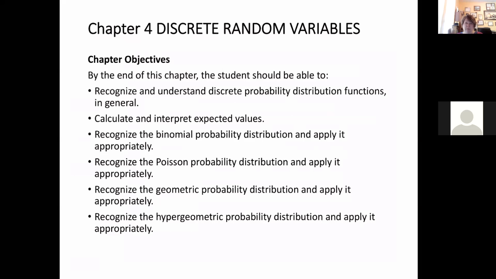Then we'll move on to continuous probability distributions, which means now we're going to look at data that's continuous that you can't count. So we're going to use different probability distributions for that kind of data. But right now we're just going to look at discrete data.